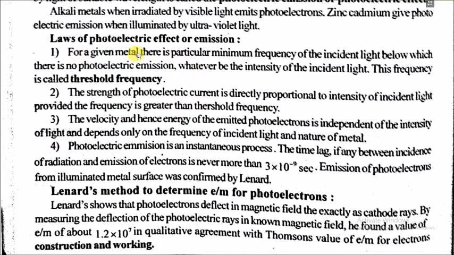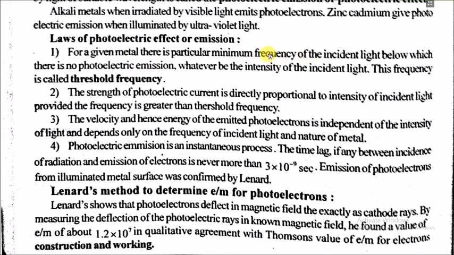First one: for a given metal there is a particular minimum frequency of incident light below which there is no photoelectric emission, whatever be the intensity of incident light, and this frequency is called the threshold frequency. It means for every metal there is a requirement of a particular minimum frequency of light, then only photoelectric emission will occur.